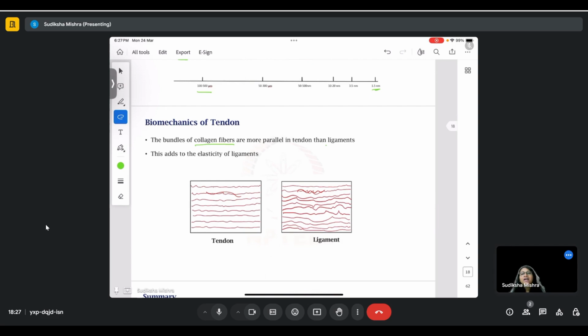This essentially adds to the elasticity. If they were crisscross, instead of being parallel, the effective elasticity of the material would come down.